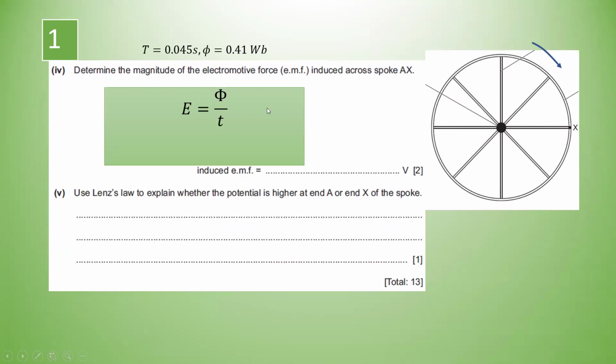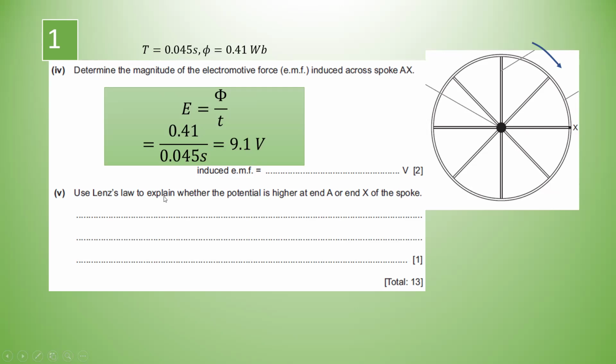Then substitute. Supposed to be d phi dt, but since Cambridge wants to avoid calculus, you can simplify the equation. Phi is 0.411 over 0.045 second, 9.1 volt.